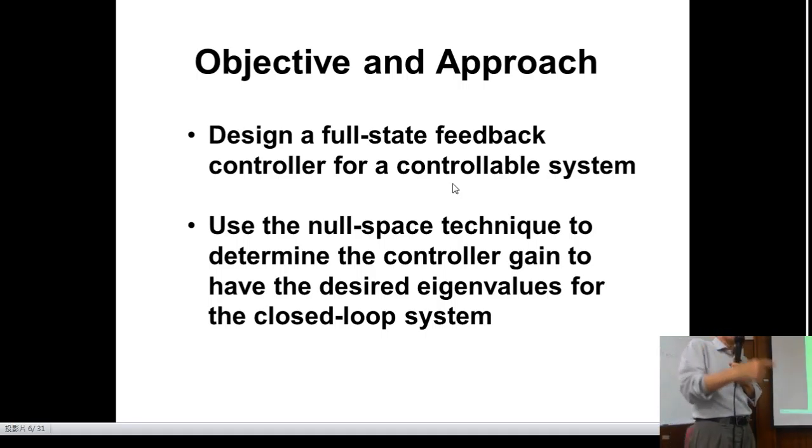We just assume that, all right? And we'll use the pole placement technique to determine the controller gain, so that your closed-loop eigenvalues will be your desired eigenvalues.